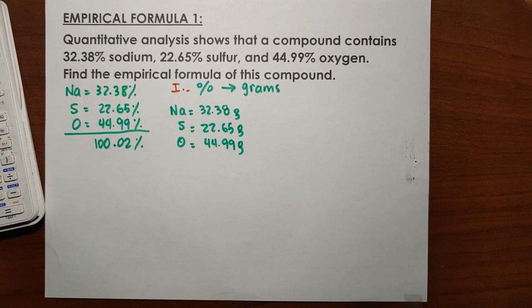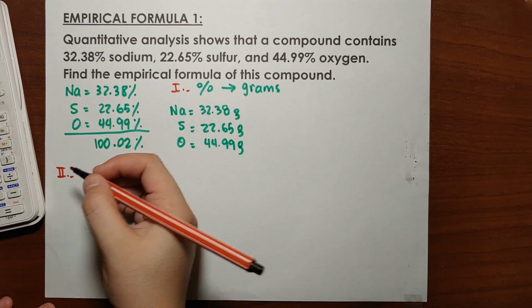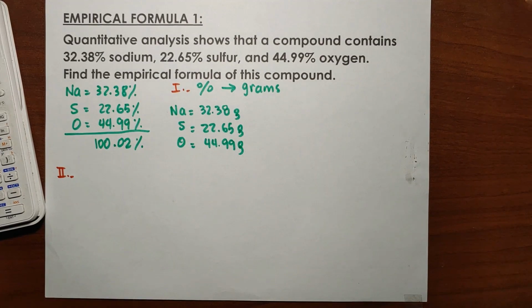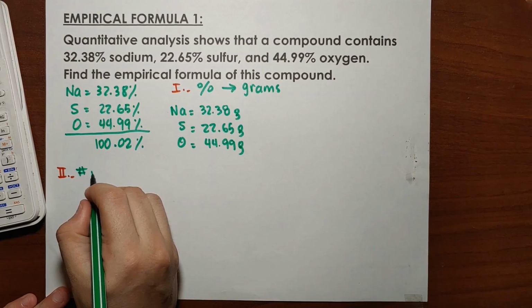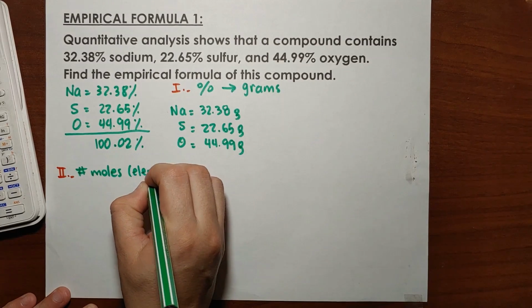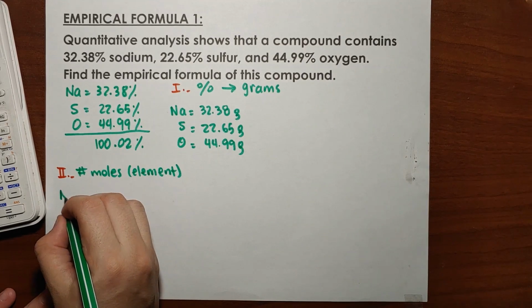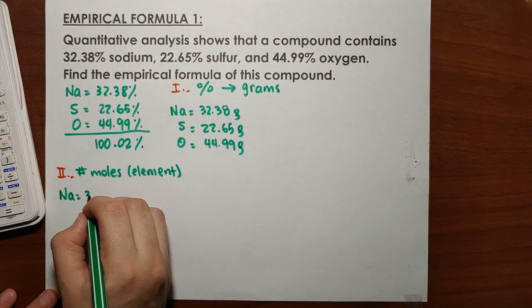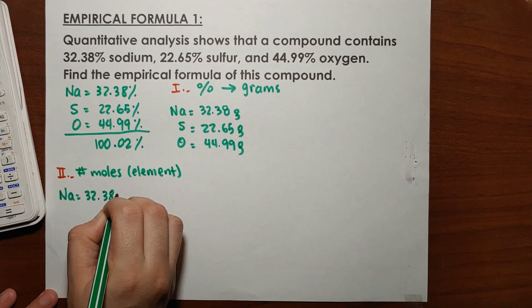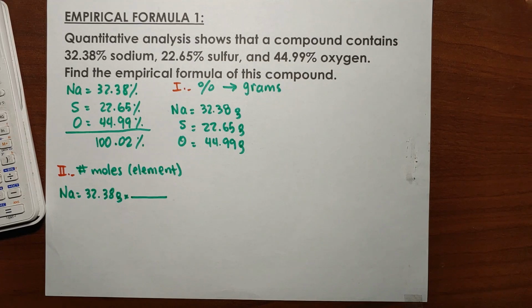In the second step, I will get the number of moles of each element. So, for sodium, this will be 32.38 grams times, basically, we're gonna use molar mass as a conversion factor.